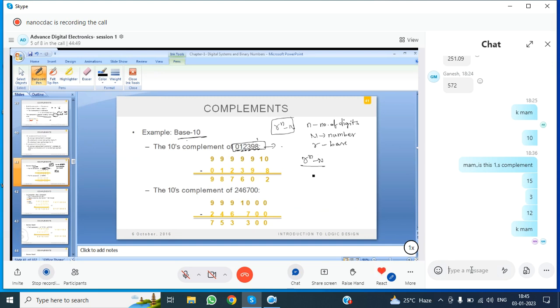R power n is r power, what is n? The number of digits. How many digits are there? 6, minus the number 012398. So what we are doing here, 99999 and here we are taking 10.